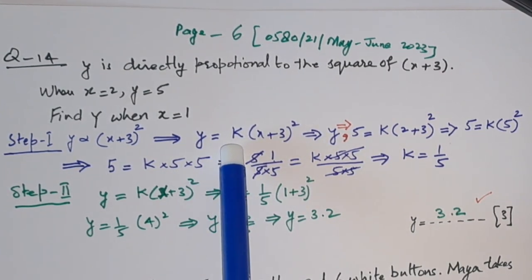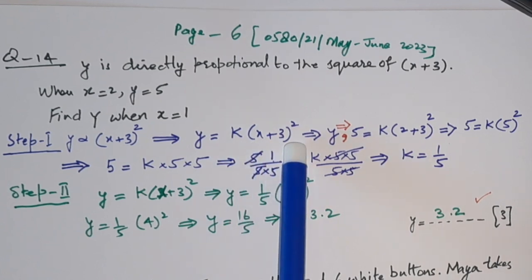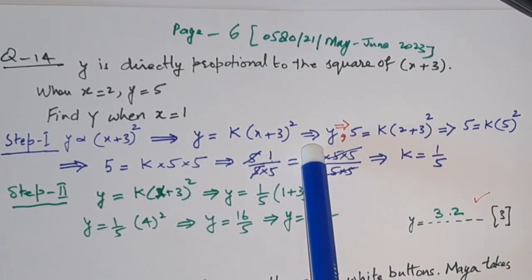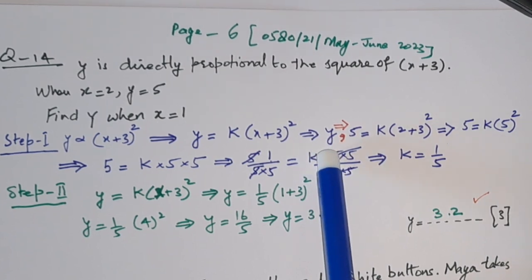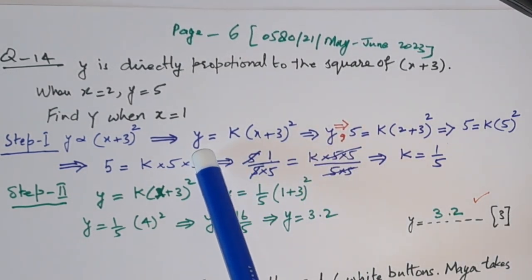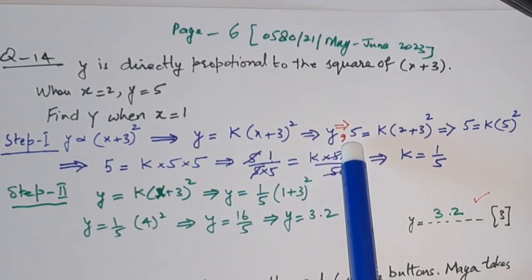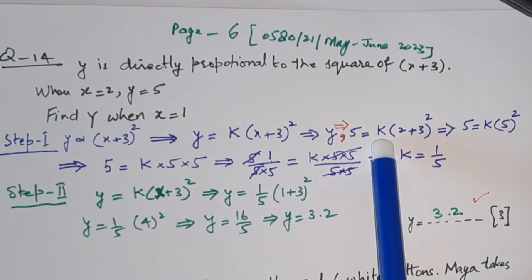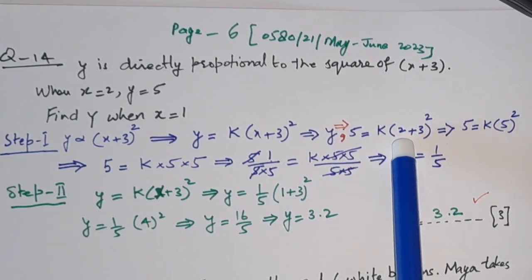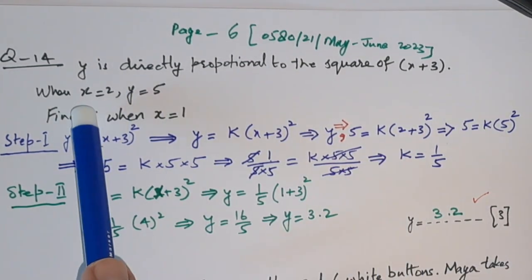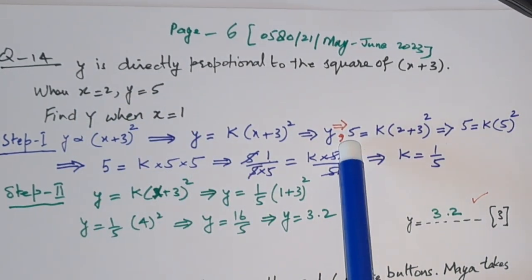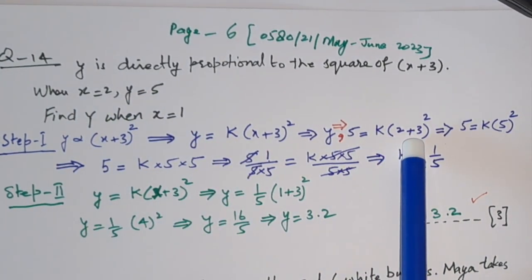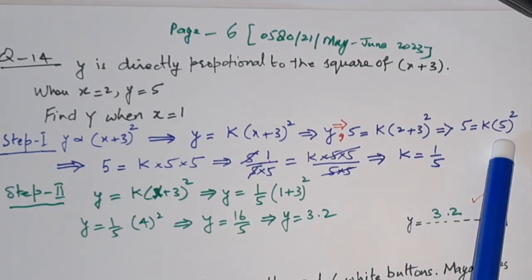Y is equal to k times x plus 3 whole square, and now we can put in the values, which would say that y, that is 5, is equal to k bracket, in place of x we write down 2, in place of y we have already written 5. 2 plus 3 whole square is 5 whole square.